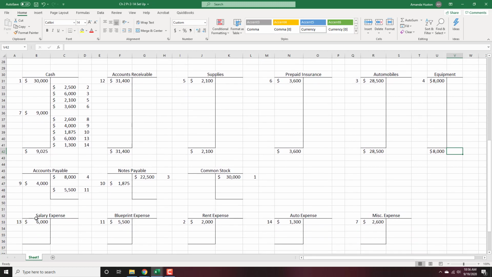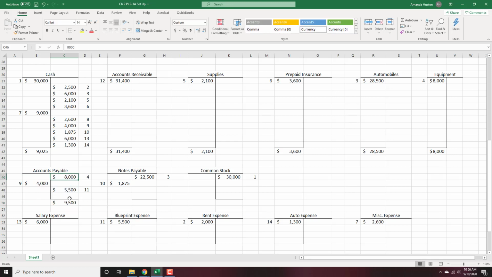All right, accounts payable. Now all the liabilities have a normal credit balance, which means credits add, they're positive, and debits subtract. So we're going to do the opposite over here. We're going to add up all of the credit side and then subtract all of the debit side here.